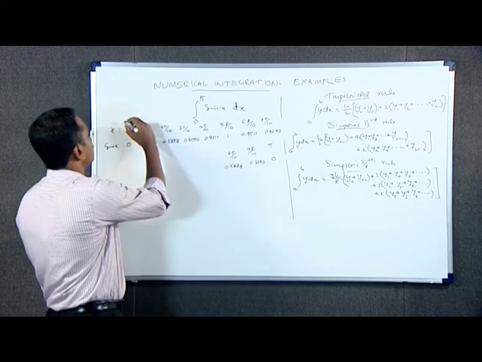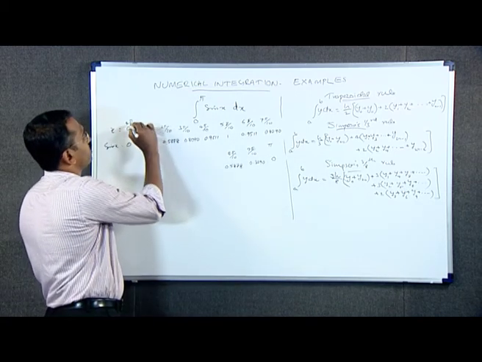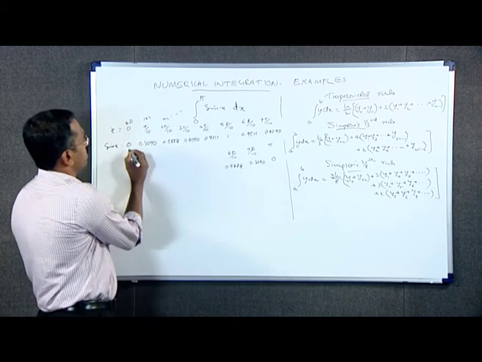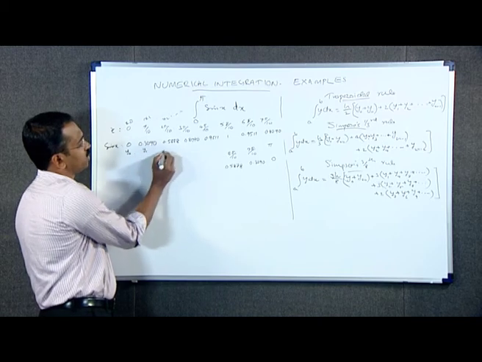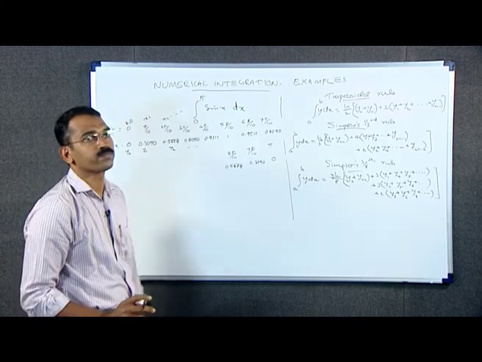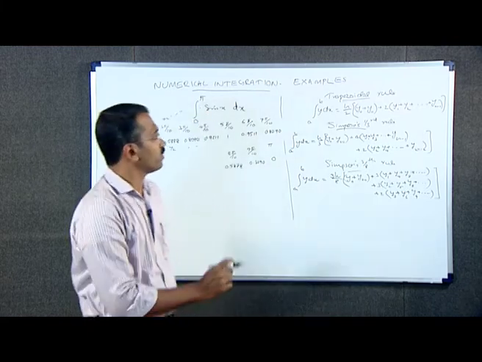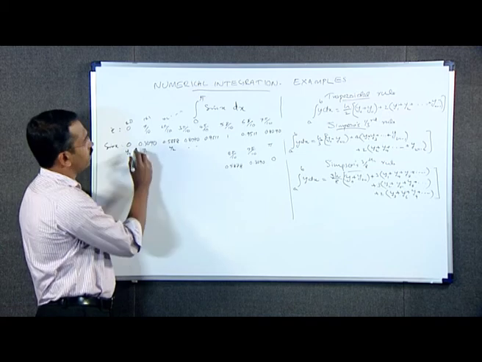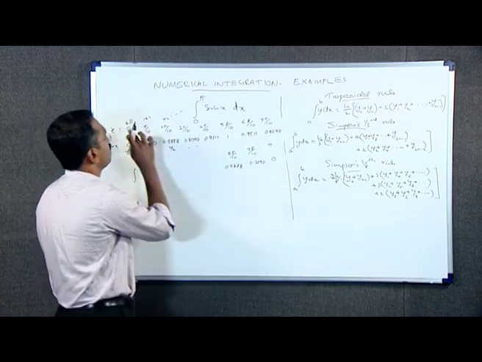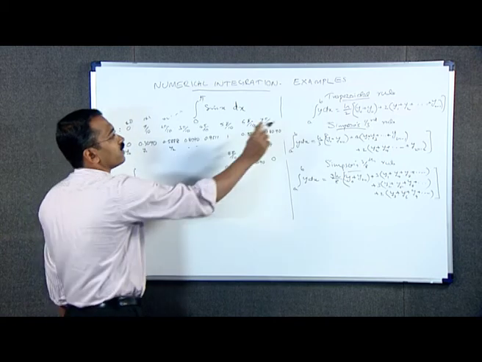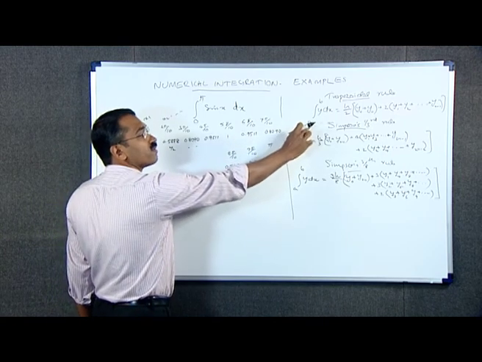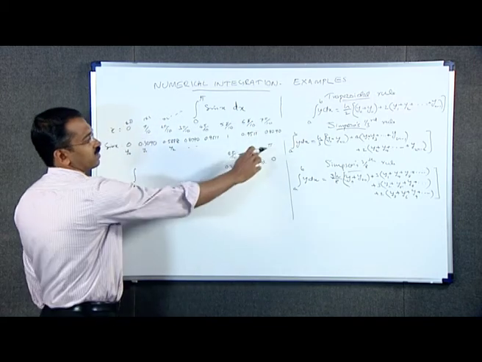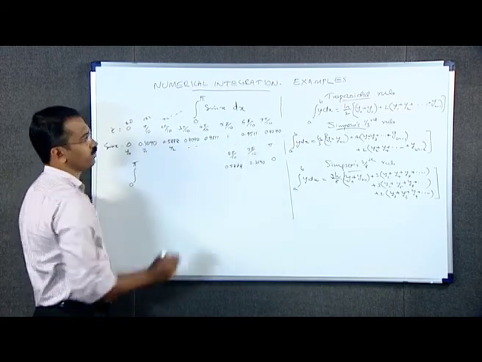Here this is x0, this is x1, x2, etc., and the corresponding y values are y0, y1, y2, etc. Therefore, by this formula, a is the value x0 and b is the value xn, that is here pi, so the integral is from 0 to pi.